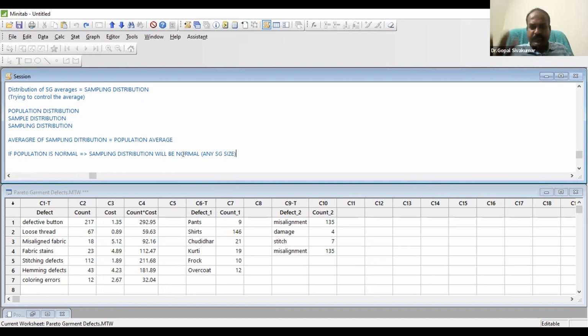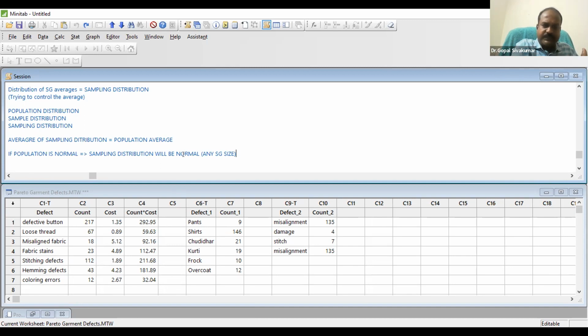All of you are with me on the statement? Yes. If the population is normal, your sampling distribution will definitely be normal. Any subgroup size, you take 2, 3, 4, 5. So you can take decisions confidently based on your knowledge of the normal distribution. Otherwise, you will be in doubt.